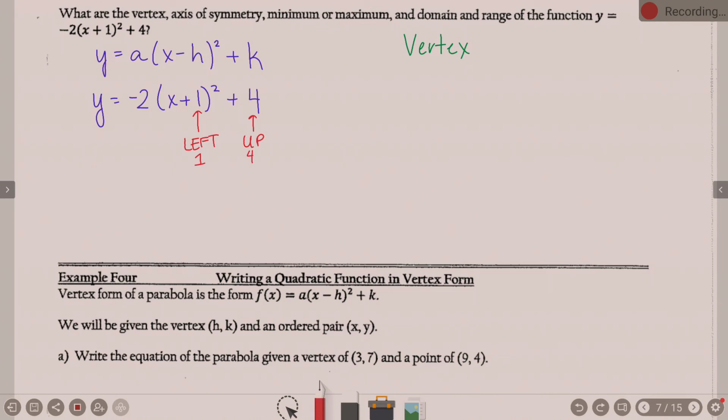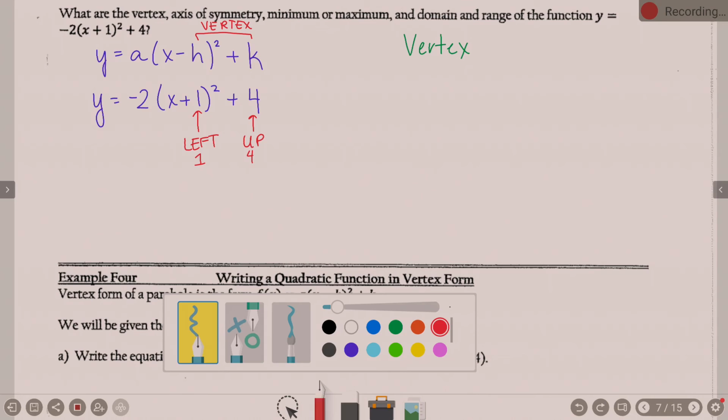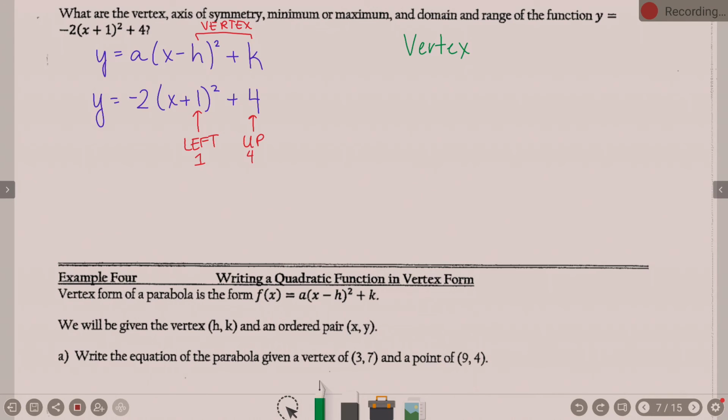And it's also, your vertex is always your h and k value, right? It's always those two numbers. So I agree. Vertex of negative 1 and 4. Are we okay with that?